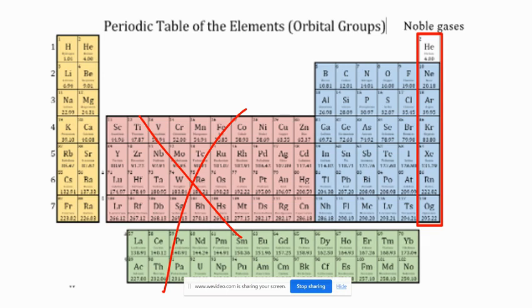So count columns: 1, 2, skip a few, 3, 4, 5, 6, 7, 8. That's as hard as it is. Simple counting up to 8. You don't even have to get to 10. So skip these. If they ask you these, what do you put down?